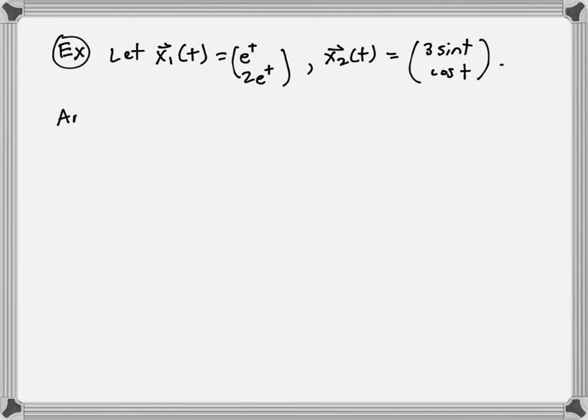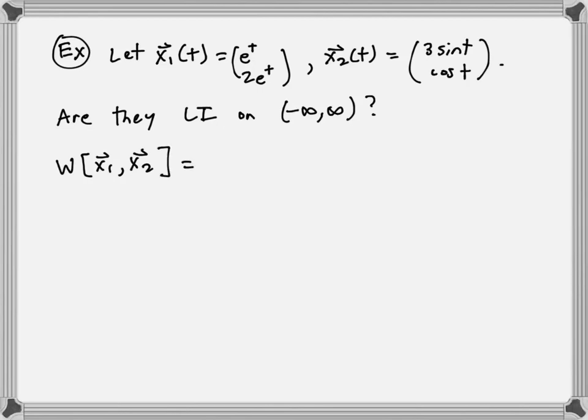So question, are they linearly independent on the interval negative infinity to infinity? What we're going to do is the Wronskian of x1 and x2. This means we take the determinant of a 2 by 2 matrix, making these column vectors the columns of our matrix, so 3 sine t and then cosine t. We're going to do the determinant of that.